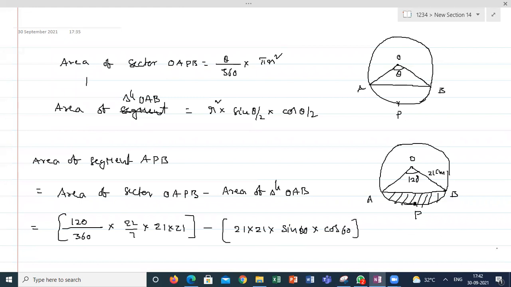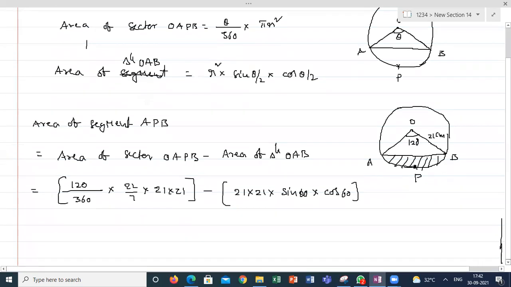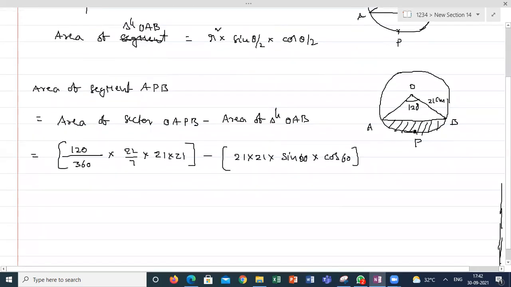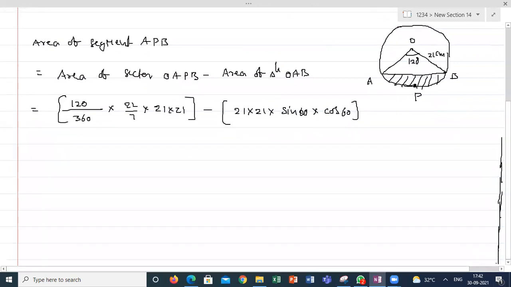Check whether you are getting the same answer if you do it in the long method, like the method I followed. We'll check. This is 3 times 7, 3s cancel again. So here I am getting 22 into 21 minus 21 into 21. Sin 60 is root 3 by 2 and cos 60 is 1 by 2.